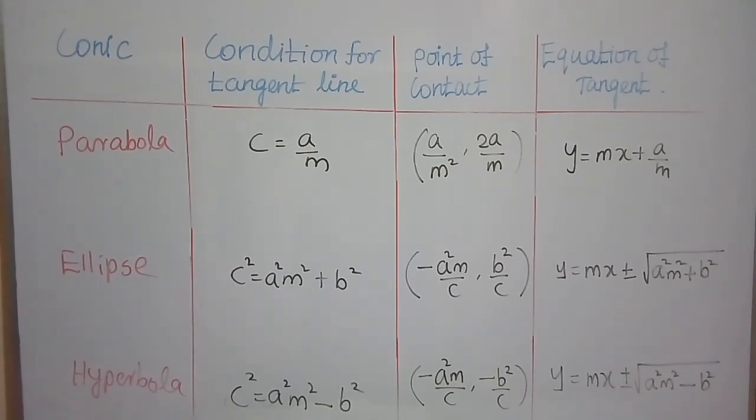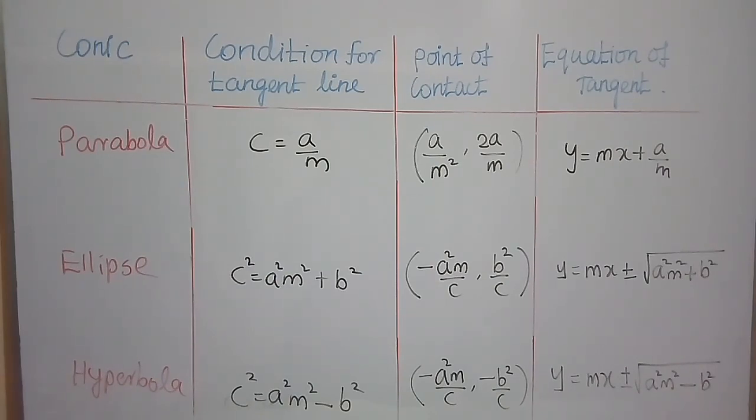Similarly for the ellipse, the condition is c square is equal to a square m square plus b square, and the point of contact is minus a square m by c comma b square by c. Then the equation of tangent is y is equal to mx plus or minus root of a square m square plus b square. And for the hyperbola, the condition for the tangent line is c square is equal to a square m square minus b square.